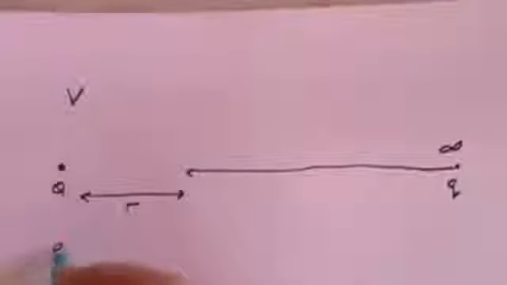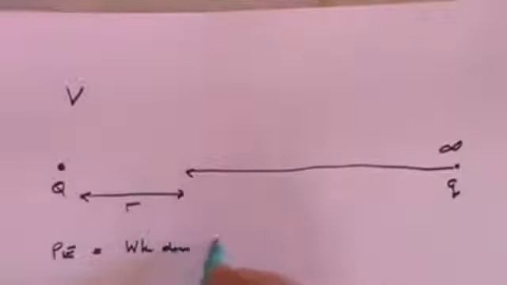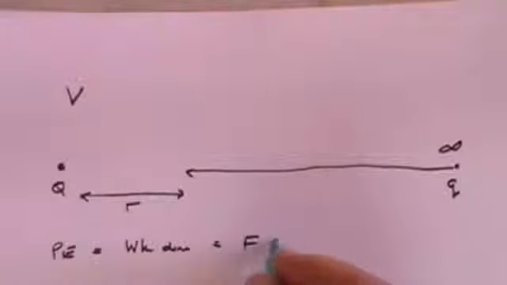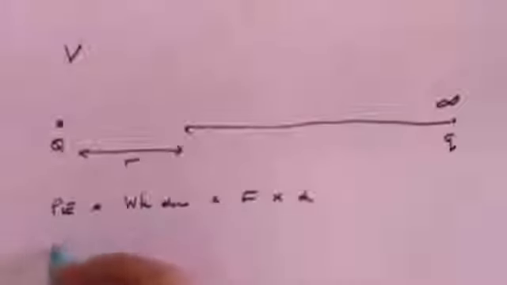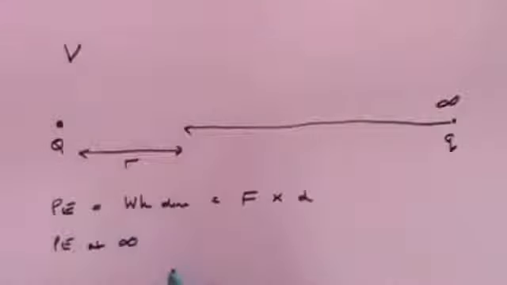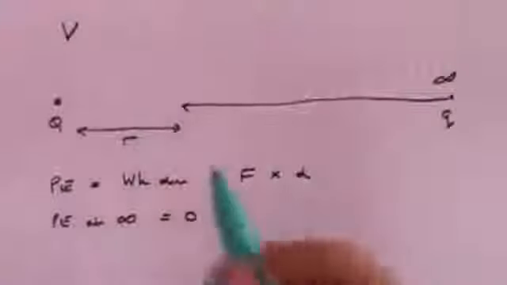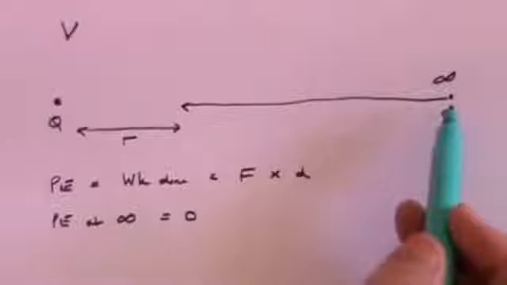Well, what is potential energy? That is the work done, which is equal to the force times the distance. What is the potential energy at infinity? The answer is 0. If you ask yourself, what is the force between these two charges at infinity?